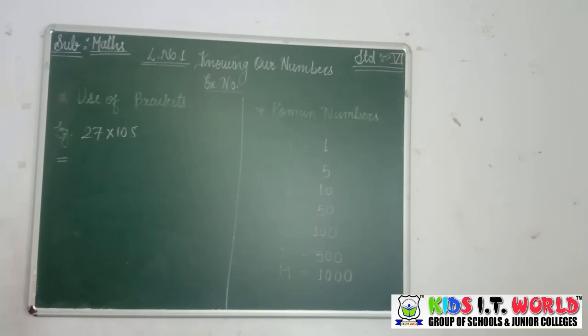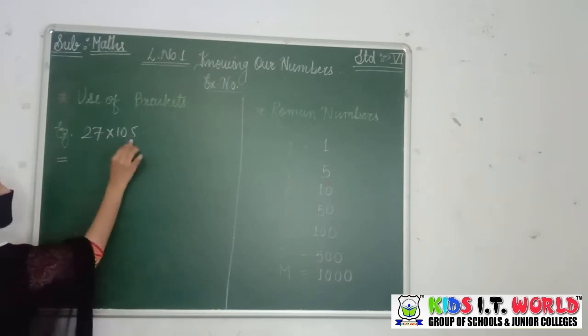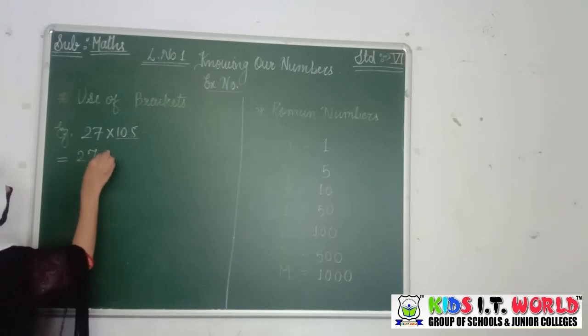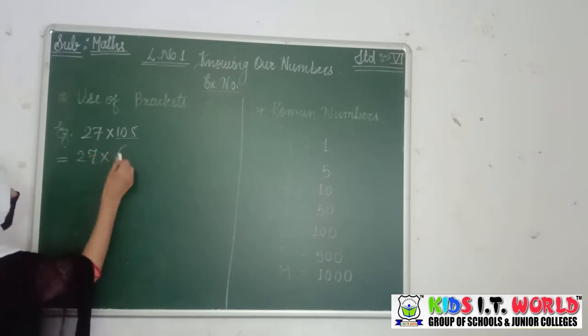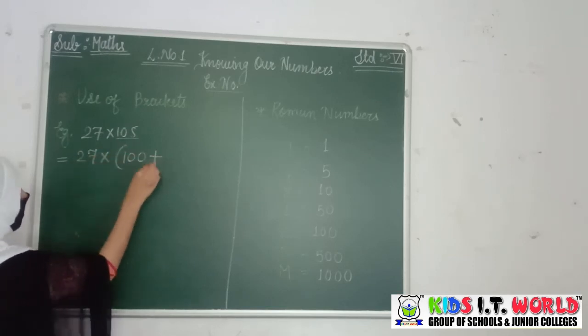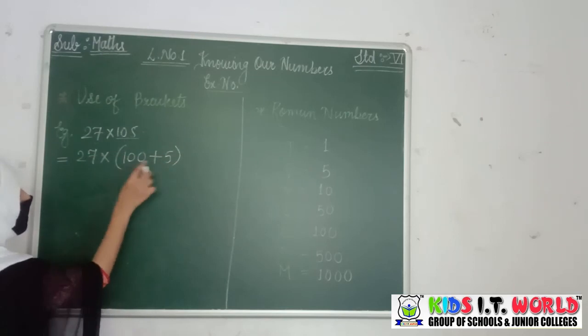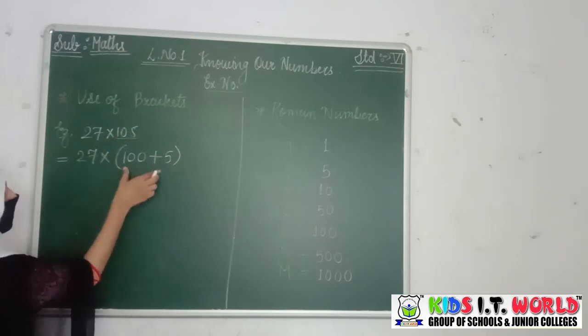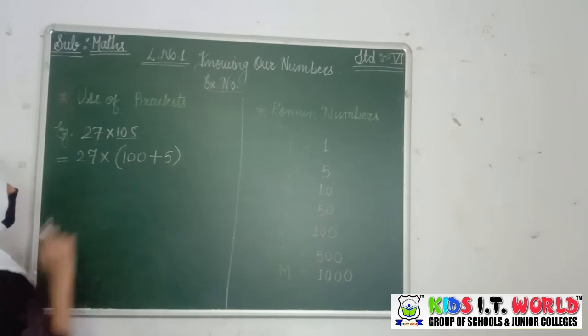So for that you need three values. So what will you do? First of all, which is the greatest number on the board? 105. To do that you will expand the 105. So you will get 100 plus 5, 105. So instead of 105, I can write 100 plus 5.